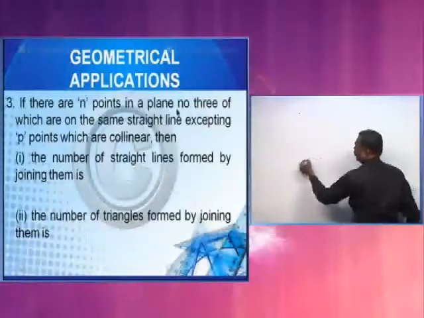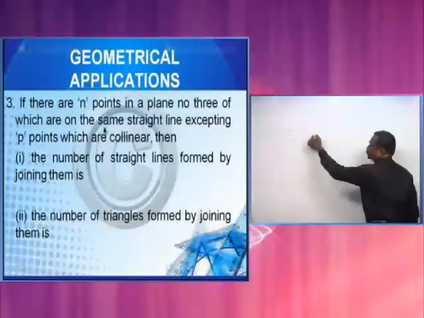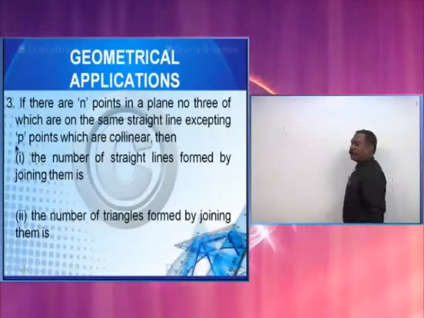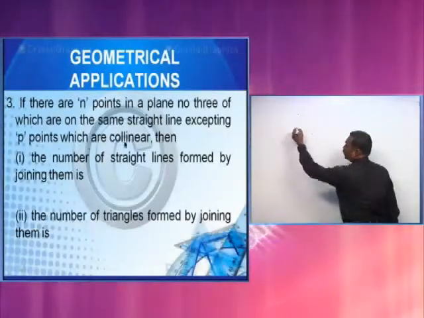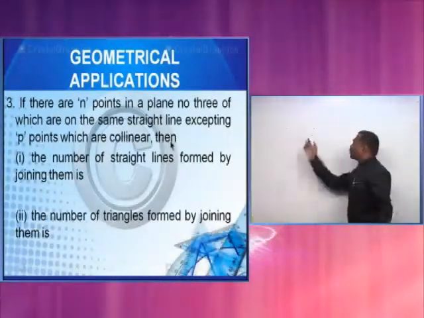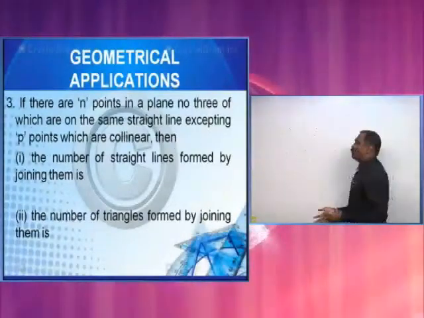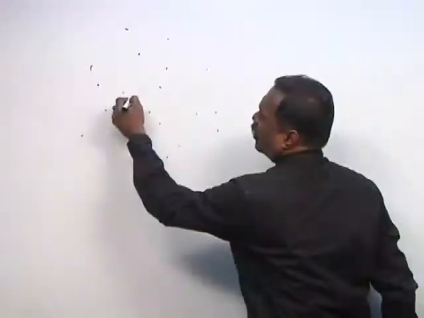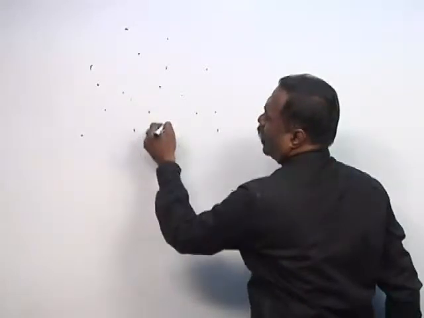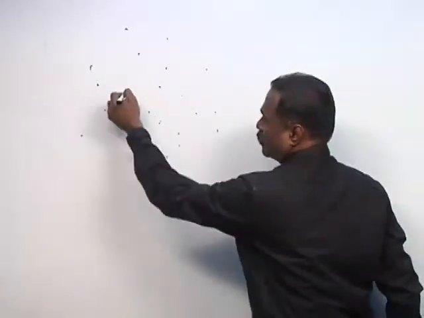Let us suppose there are n points on a plane. From the n points, no three of which are on the same straight line, excepting p points which are collinear. All the points are not lying on the same line, but only p points are lying on the same line, like this.